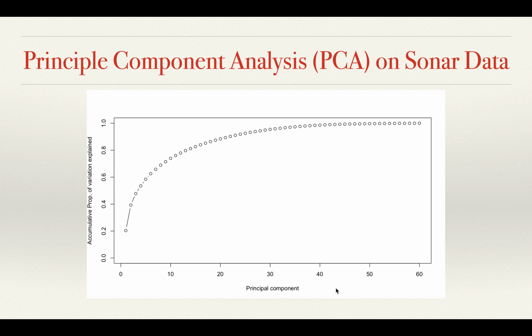Hello, everyone. Today I'm going to talk about the PCA, or Principal Component Analysis, on the Sonar data again. In the previous video, we ran a logistic regression model trying to do the classification on the two types of materials in these sonar signals, and the results were not very good.